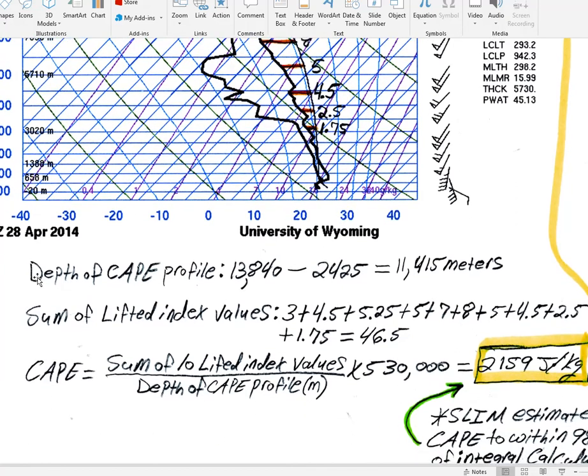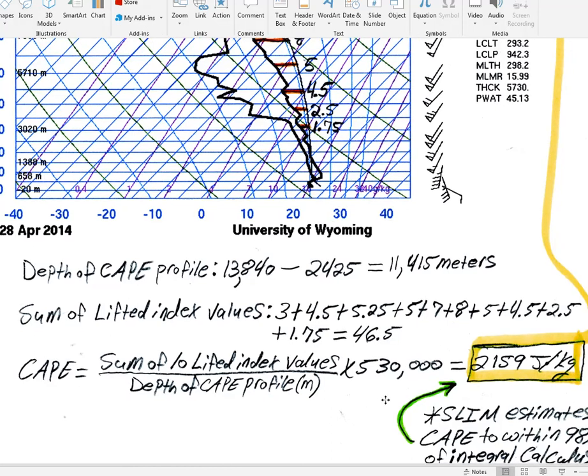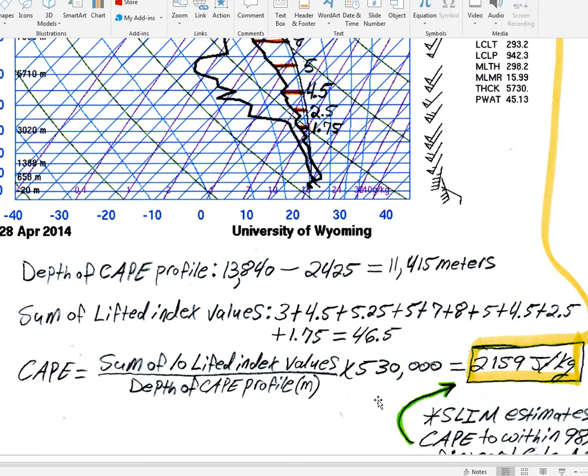So once you have the depth of the CAPE profile in meters, and the sum of your lifted index values, all you do to determine CAPE is put your sum of lifted index values in the numerator, and in the denominator, the depth of the CAPE profile in meters, this value right here. And then once you have that figured out mathematically, you just multiply it by 530,000, and that will give you a very good approximation of the CAPE associated with this sounding.